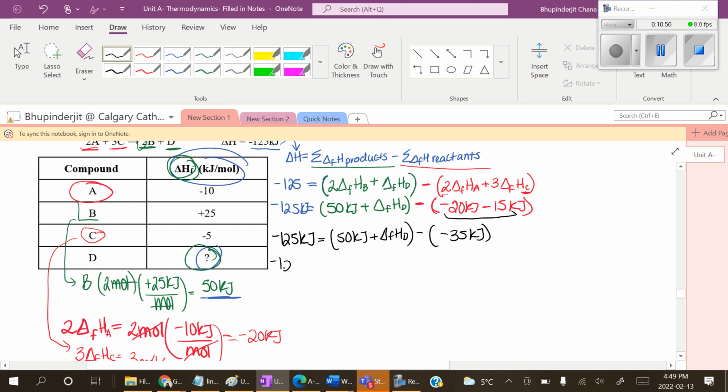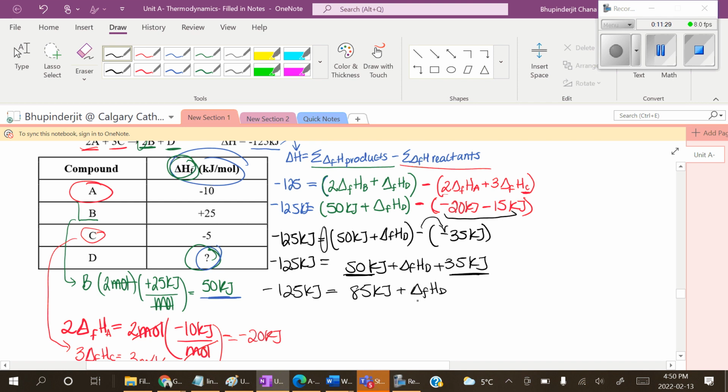Okay, let's open up that bracket. You open up a bracket by seeing what's in front of it. So there's just that invisible plus 1 there. Anything multiplied by 1 is itself. Negative 1 times negative 35, that turns it into positive 35 kilojoules. Okay, let's collect these two. Negative 125 kilojoules is equal to 85 kilojoules plus delta FHD.